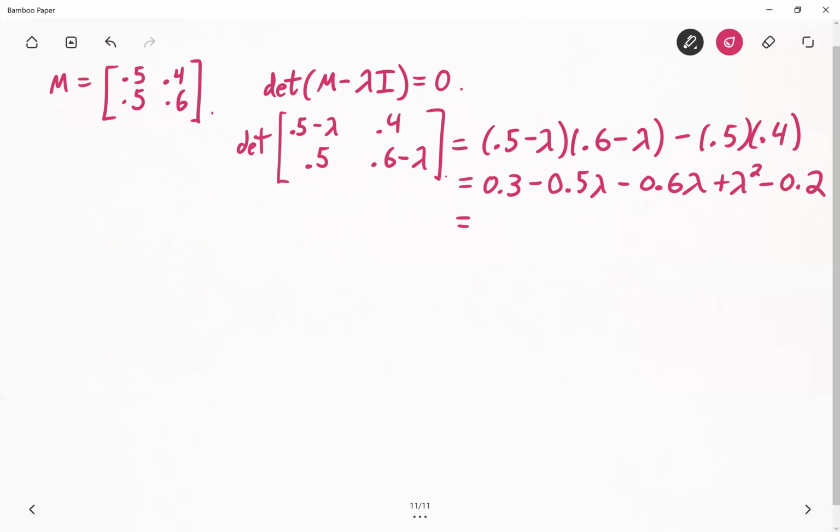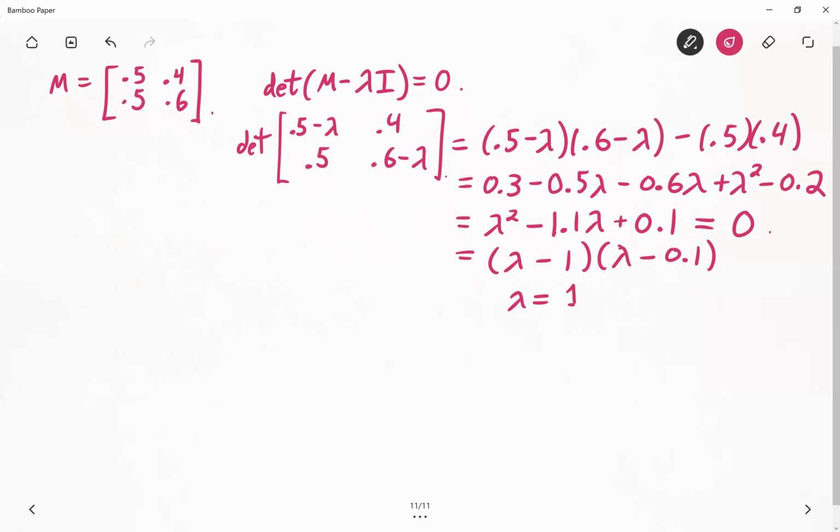Let's gather like terms. We'll have lambda squared, these combine to minus 1.1 lambda, then 0.3 and minus 0.2 add up to be 0.1. If we set that polynomial equal to 0, this factors rather nicely into lambda minus 1 and lambda minus 0.1, from which we know our eigenvalues are 1, as expected, and 0.1, a number less than 1, as expected. So those are the eigenvalues.